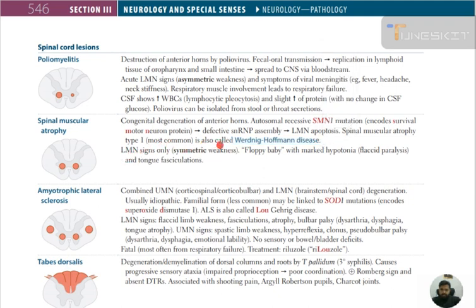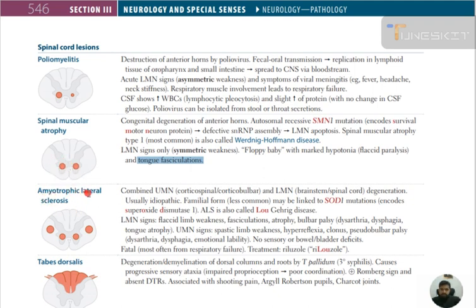It is symmetric weakness, floppy baby with marked hypotonia. It's flaccid paralysis with tongue fasciculation. As it is from birth, it would result in a floppy baby with marked hypotonia, flaccid paralysis, and tongue fasciculation can also be seen. So this is the location where the defect occurs.